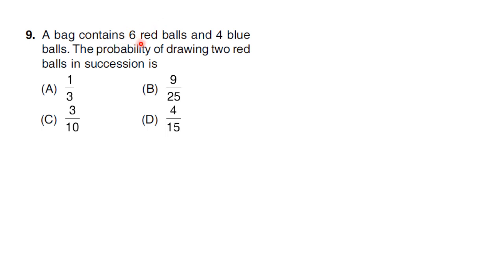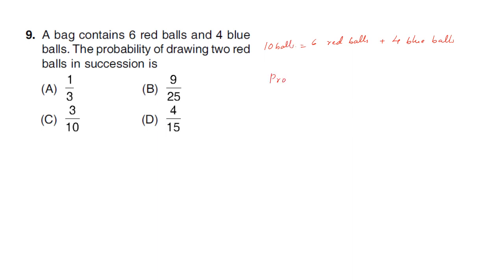A bag contains 6 red balls and 4 blue balls. The probability of drawing 2 red balls in succession is. So given that there are 6 red balls plus 4 blue balls, that means in total there are 10 balls.